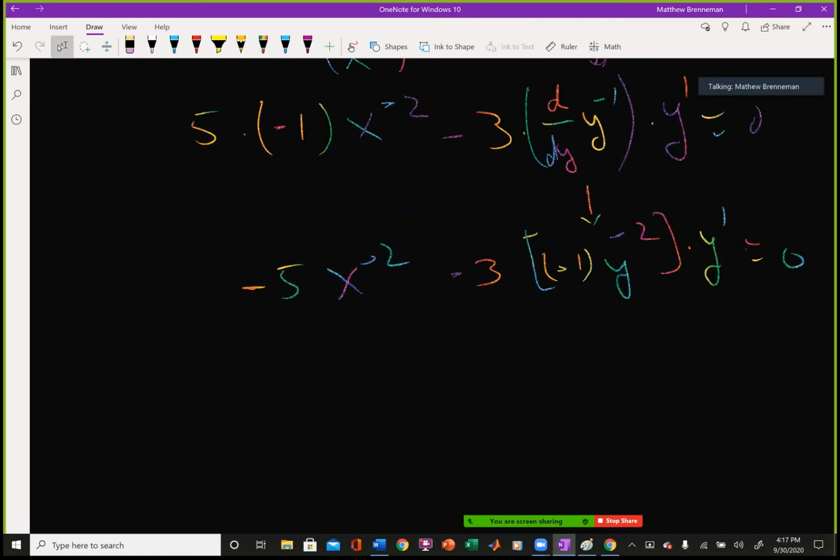And now I'm going to kind of clean this up, okay? I'm going to go ahead and clean up my coefficients here, and I'm going to make my negative exponents positive, right? So this becomes minus 5 over x squared. The negative 3 and the negative 1 will be a positive 3. And I bring the negative squared down here to the bottom.